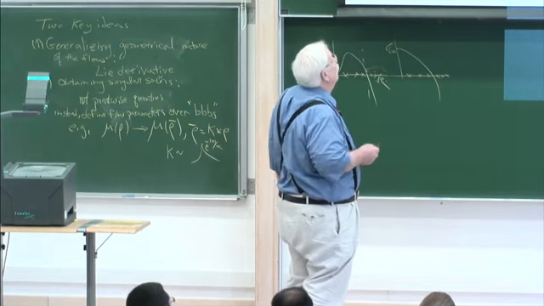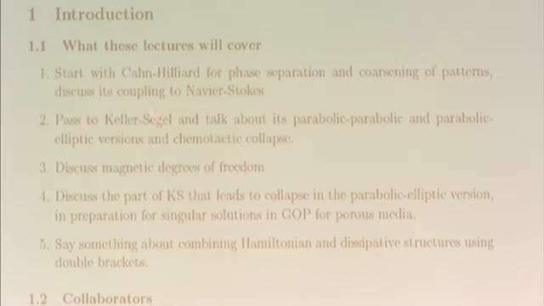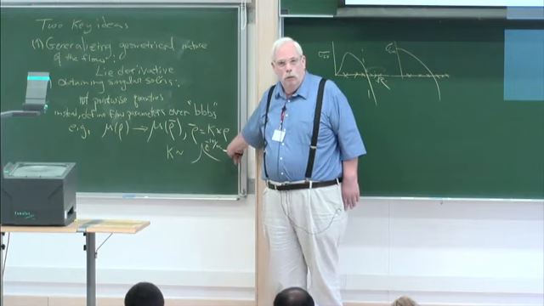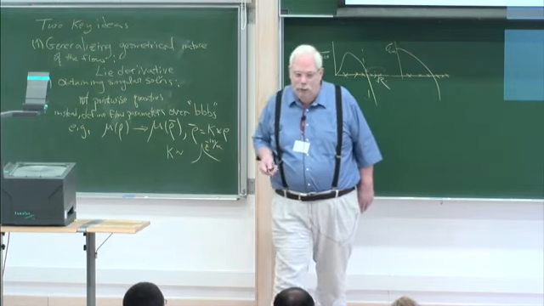So after Cahn-Hilliard, we'll pass to Keller-Segel. We'll talk about its two versions. One's the coupling between two parabolic equations, and another is a coupling between a parabolic and an elliptic equation. And it's in that elliptic equation that we first see this type of non-locality appearing. We'll talk about that.